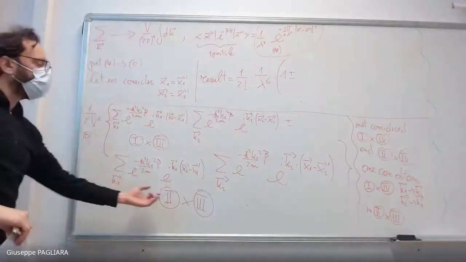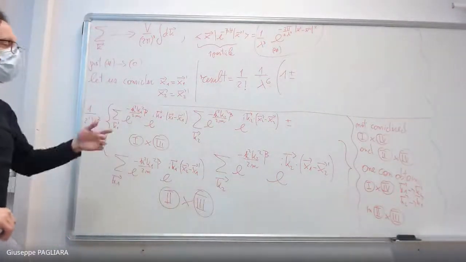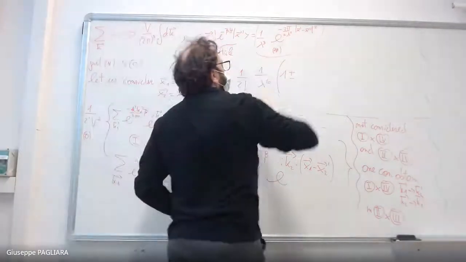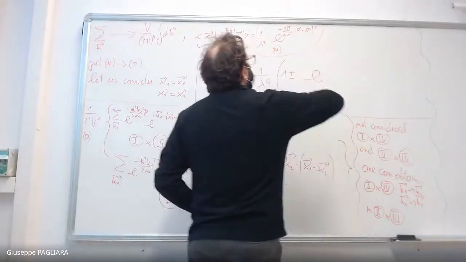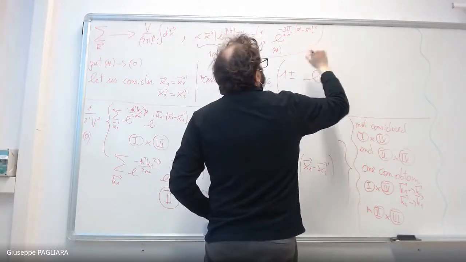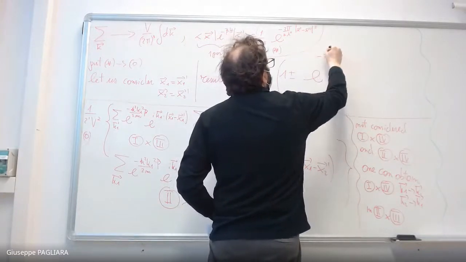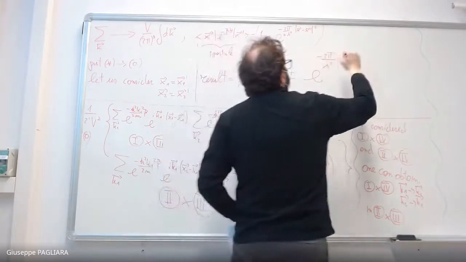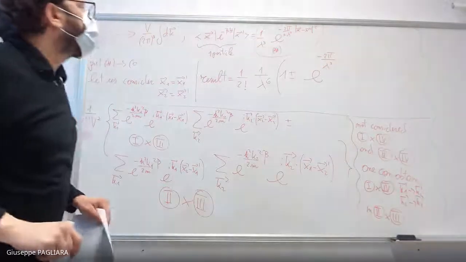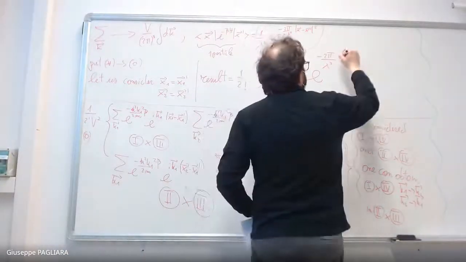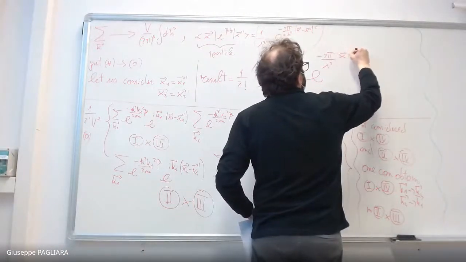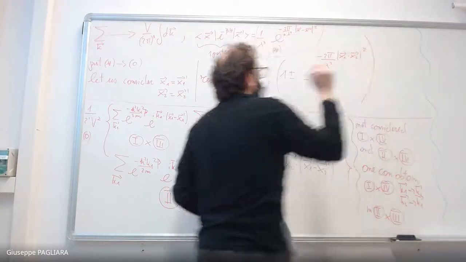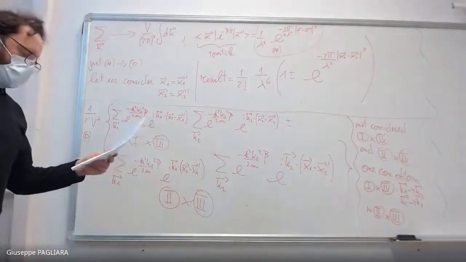And also those terms contribute with 1 over lambda to the power of 6, but they have the exponential structure here, which is the following. So here I have minus 2π divided by lambda squared. And here you have x2 minus x1, modulus squared. And I think it should be correct.